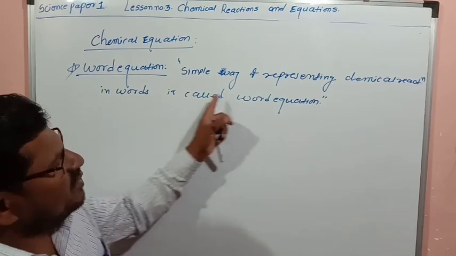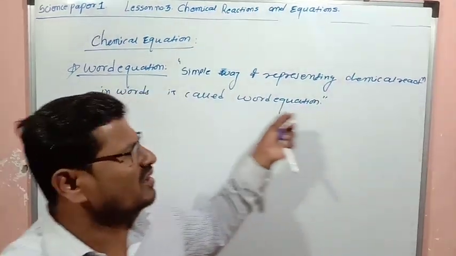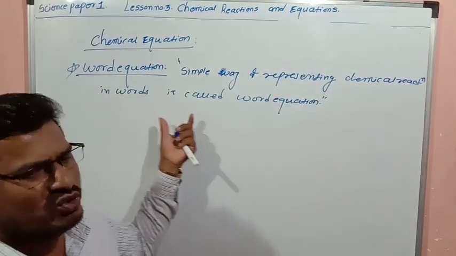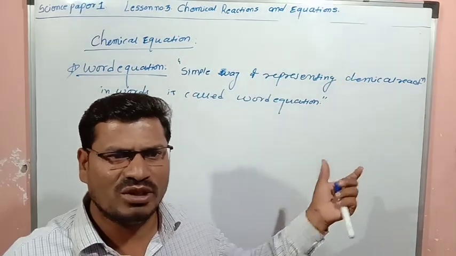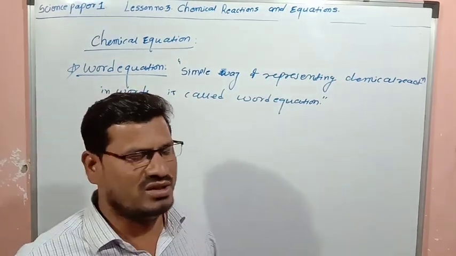By using words you are going to write that particular chemical reaction. It is called a word equation.